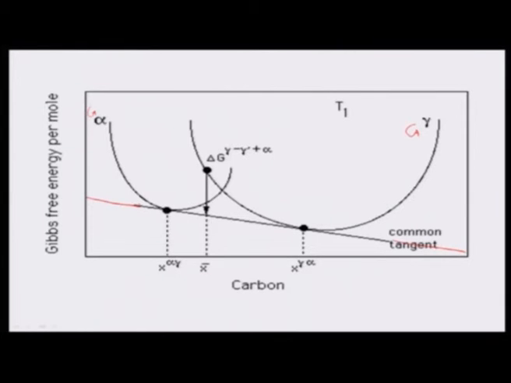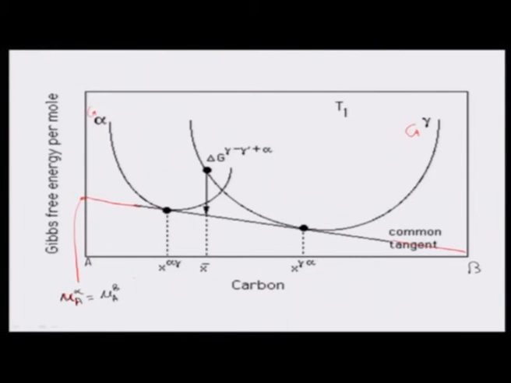In that case I have to draw a common tangent between these two curves, the way I have drawn the tangent, and if I draw a common tangent, these points will tell me what? This point will tell me mu A alpha equal to mu A, because this is the A end, this is the B end, mu A gamma, because of a common tangent.